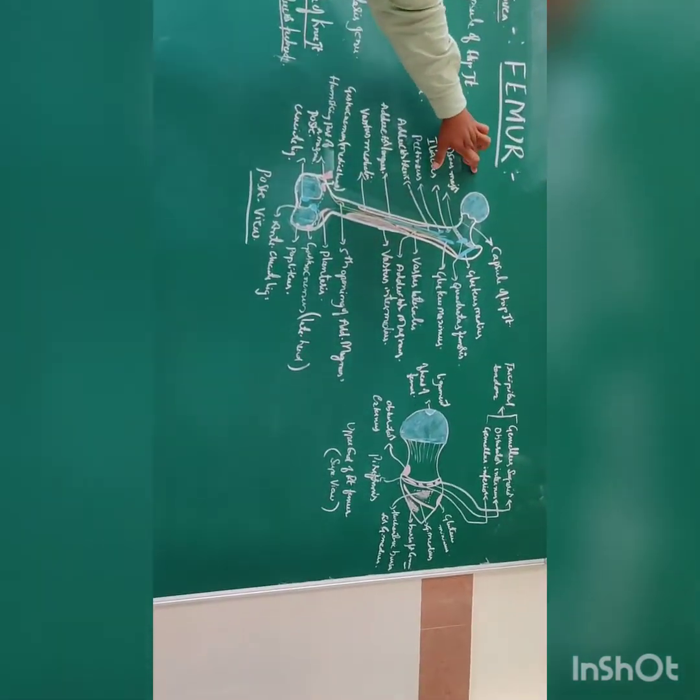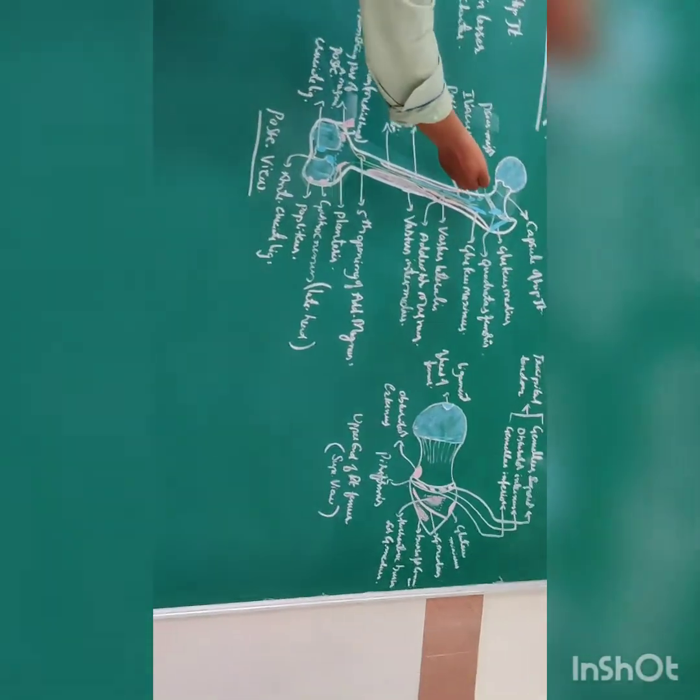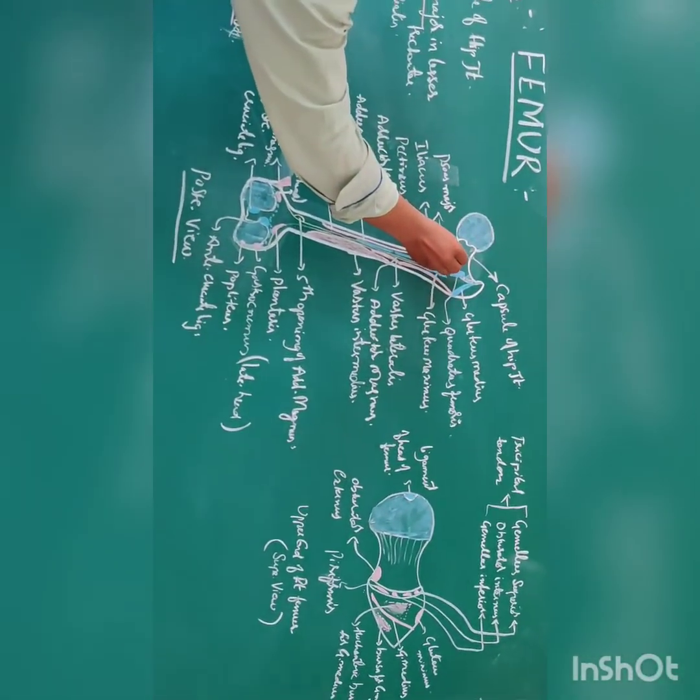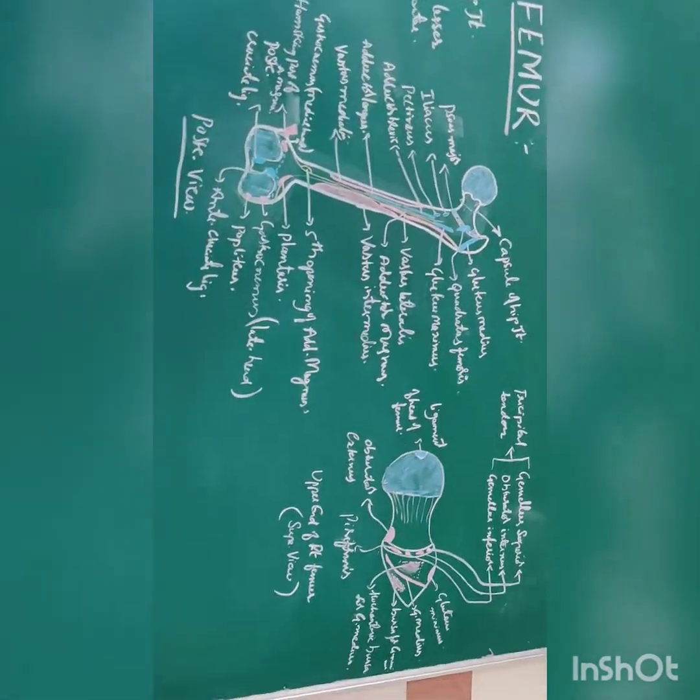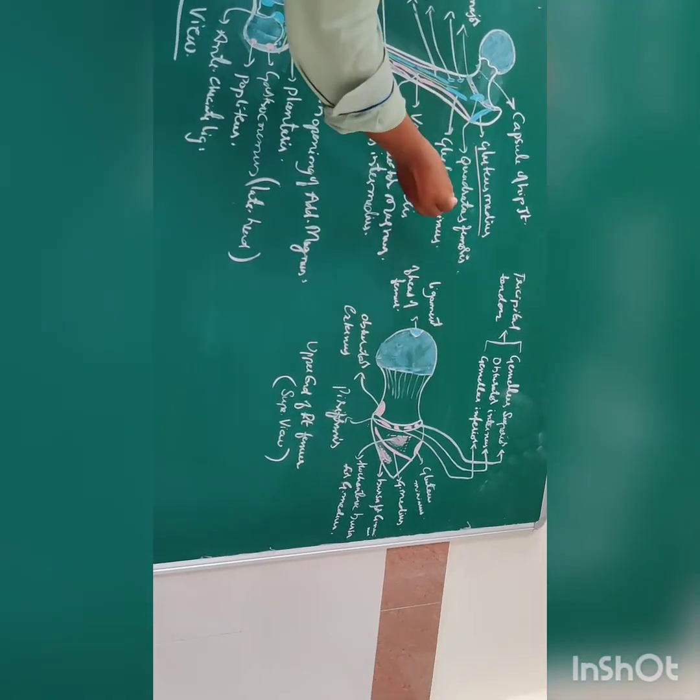Then if you see the posterior view of the femur, posteriorly also at the neck you have the capsular attachment of the hip joint, and the greater trochanter receives the attachment of the gluteus medius.